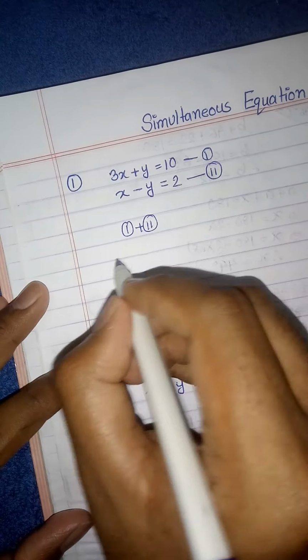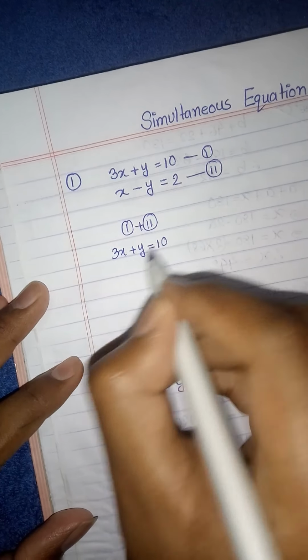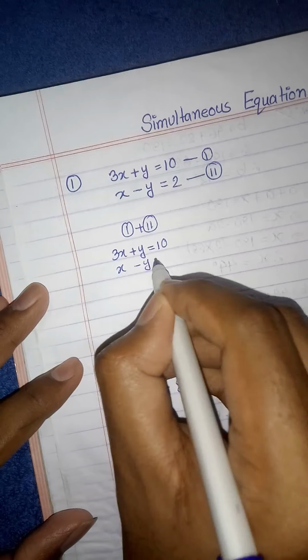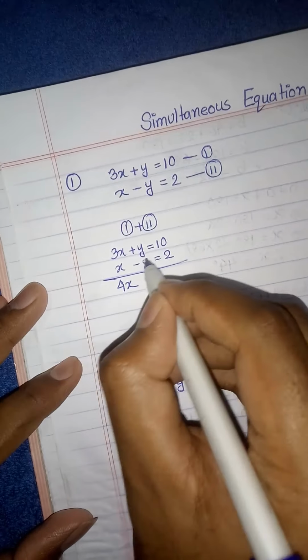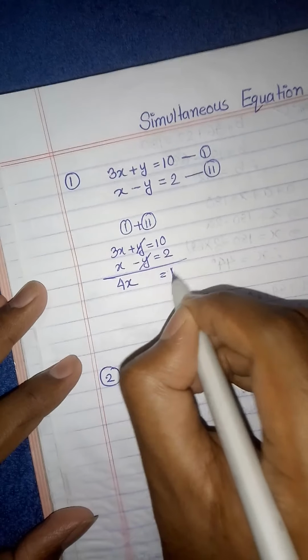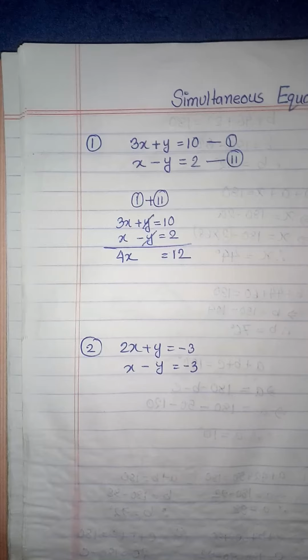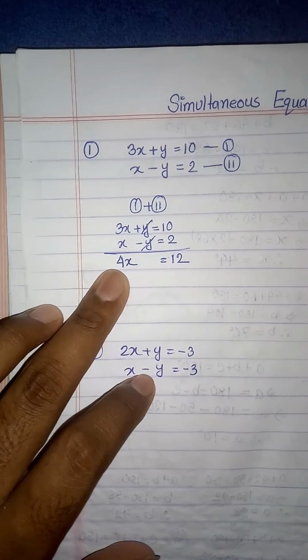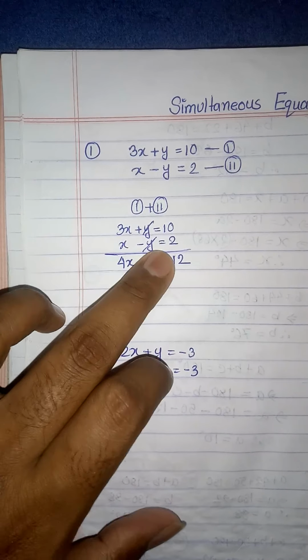Let's check it out. As you can see here, 3x plus x is equal to 4x, and plus y minus y gets cut, and 10 plus 2 is 12.